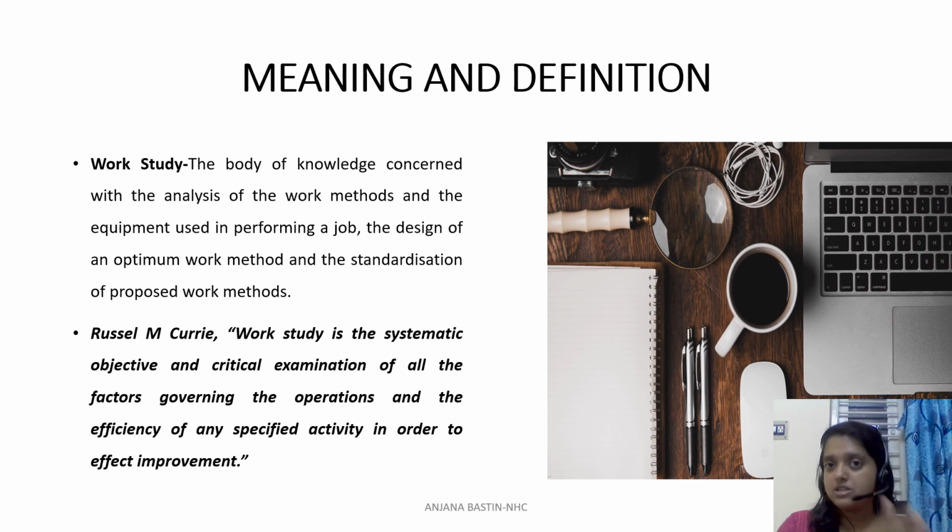So whatever factors we learned in productivity, each of them is being analyzed, and also the methods or the processes involved in making this product are analyzed, and we find out which method can be improvised in order to increase your efficiency, and the efficiency of any specified activity, in order to effect improvement. So which specific activity among all the activities in making this rubber band can be improvised in order to get better efficiency? Is it clear to you?